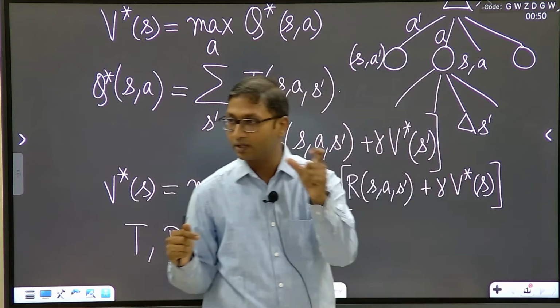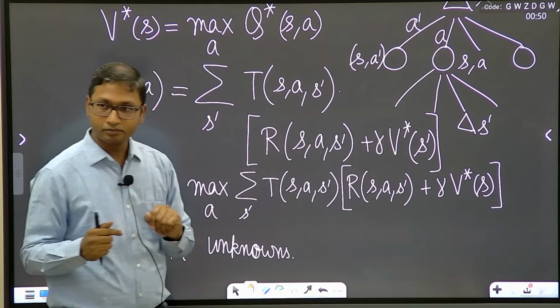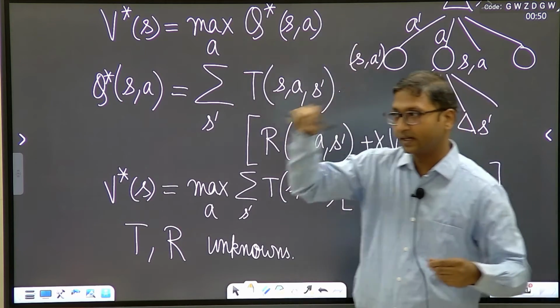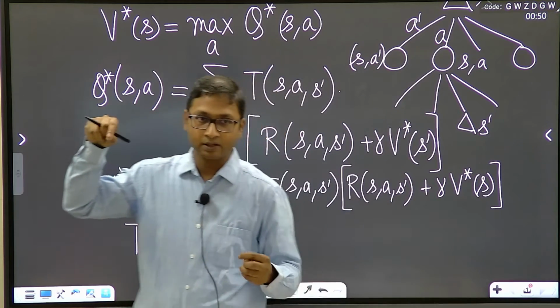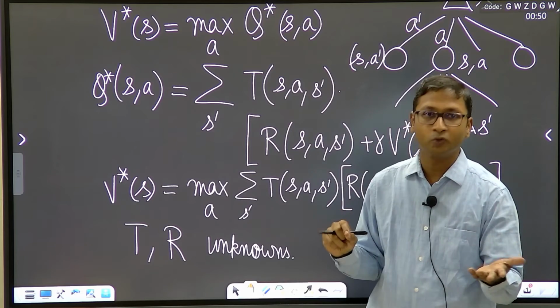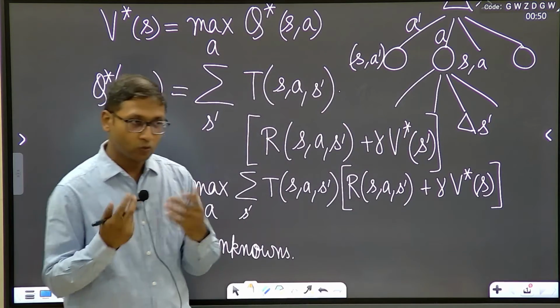Because it gives you a value in the end. Now what about this guy? When you start from S, take action A, end up in state S prime, how much reward is awarded to you? Who awards the reward?